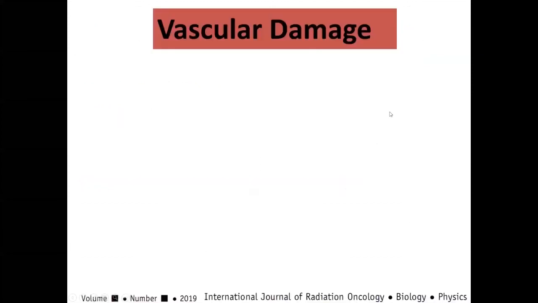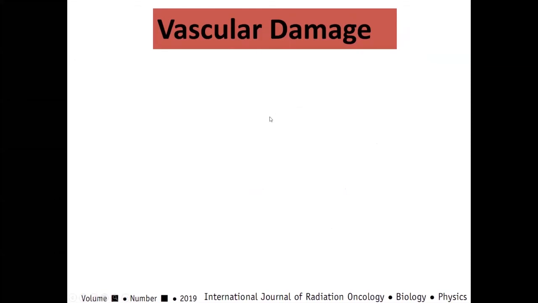Now, vascular damage is the third method by which the problem of hypoxia is overcome in non-fractionated radiotherapy. I will discuss vascular damage in more detail later on, but I want to show you how vascular damage ultimately results in overcoming the problem of hypoxia.